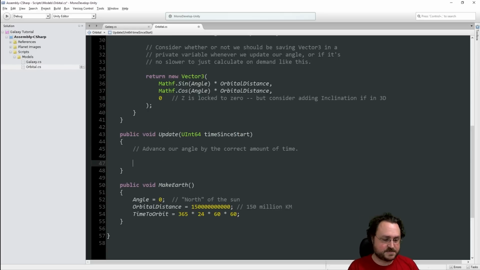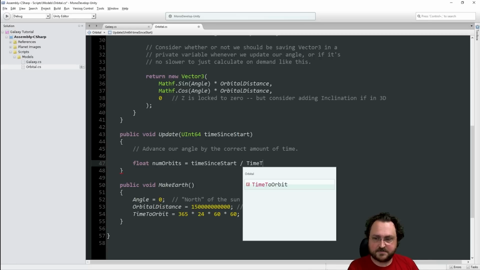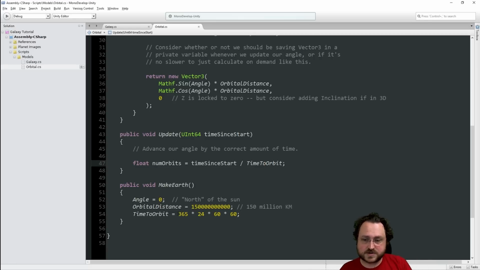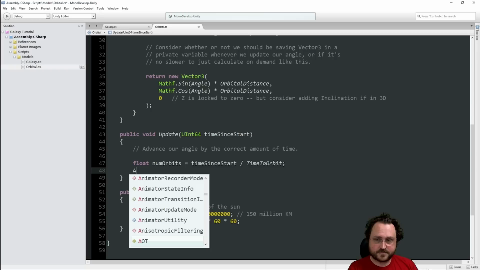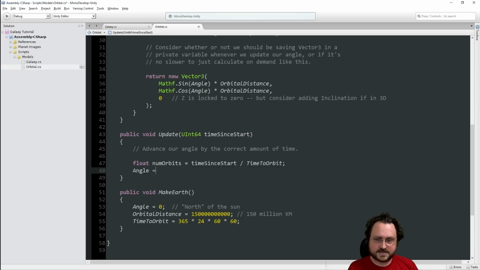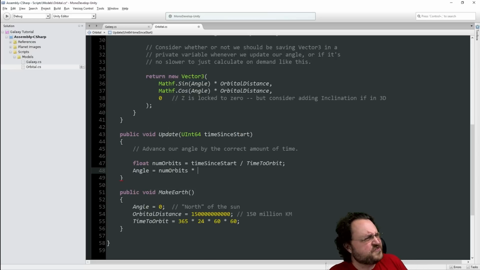I'm not going to save this, but let's say numOrbits is simply equal to the time since start divided by the time to orbit. Time to orbit is something we're setting right now, but this itself could be calculated, right? So that's the number of orbits, which means that our current angle is equal to numOrbits times a full circle in radians, which is 2 times pi, right?